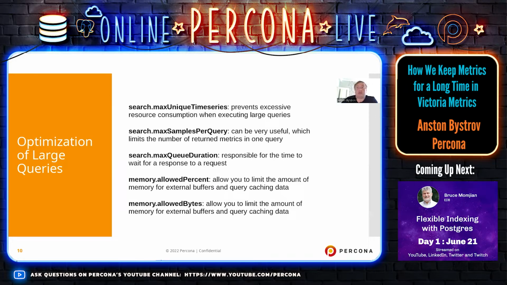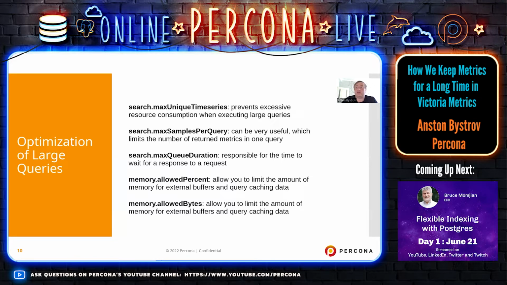VictoriaMetrics has a mechanism for adjusting consumed resources. The first, the memory.allowed% and memory.allowed bytes keys, allow limiting the amount of memory for external buffers and query caching data.